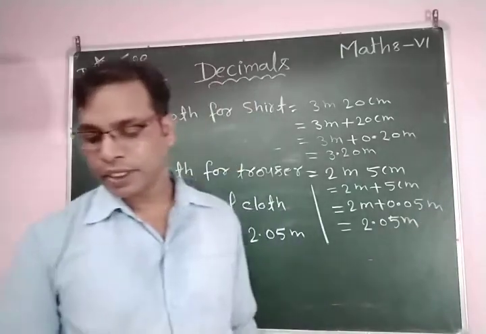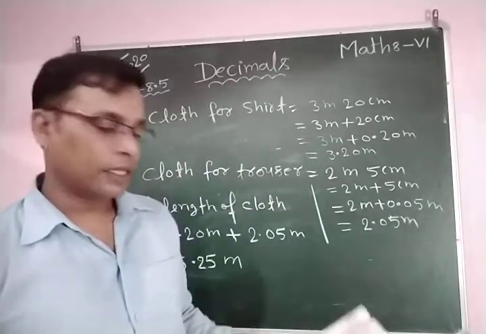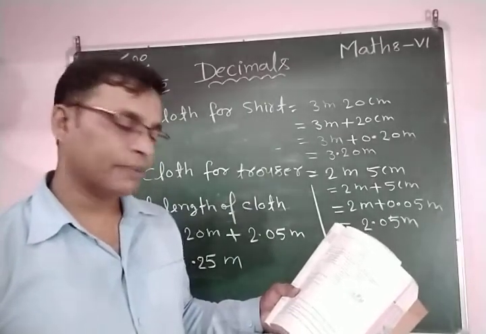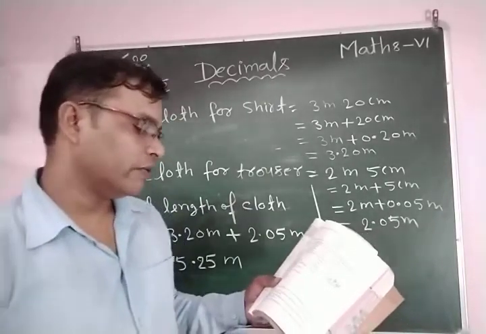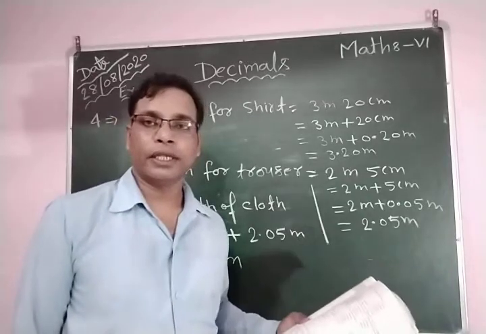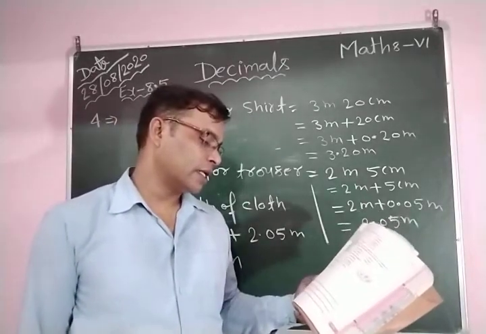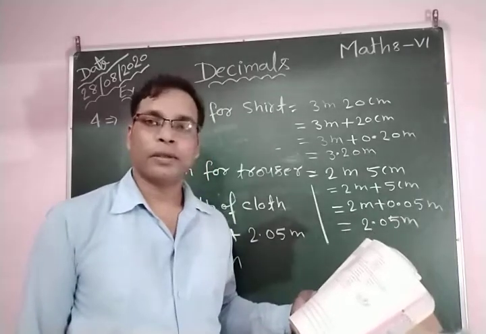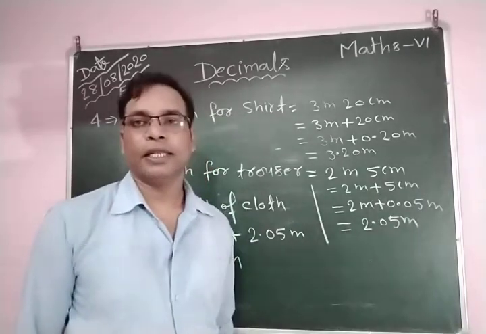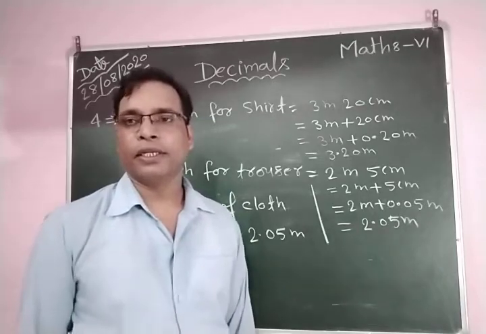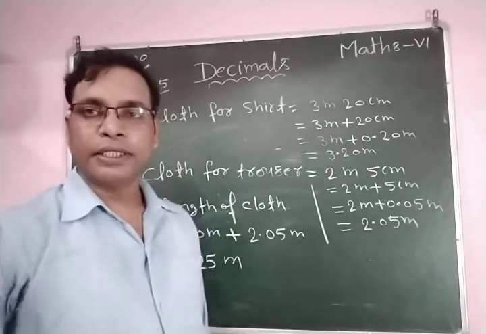So in the morning he walked 2 kilometer 35 meters, and in the evening 1 kilometer 7 meters. We need to find the total distance walked by Naresh. So let's see how to solve this question.